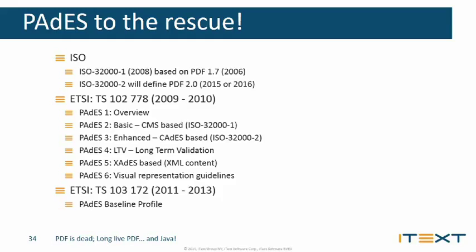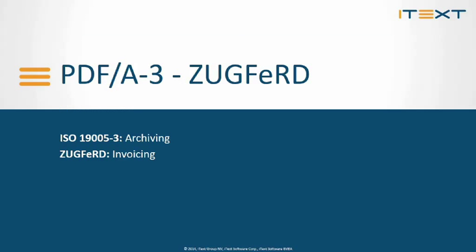They created a technical standard, number 102 778, and they created a series of standards, PAdES, PDF Advanced Electronic Signatures, and they have introduced some new types with newer hashing algorithms with more limitations on digital signatures. We see that PAdES is now used as an inspiration by ISO to update the standard on digital signing. So, integrity, authentication, non-repudiation: we have a standard for digital signatures in PDF, and that's a very useful standard.